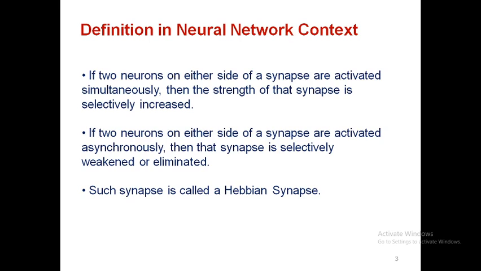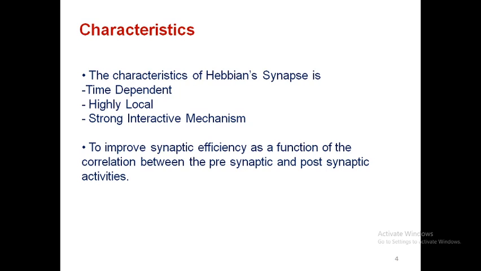If both are activated asynchronously, then the corresponding synapse strength will decrease, weaken or be eliminated. Such a synapse is called a Hebbian synapse, which performs actions similar to this explanation.